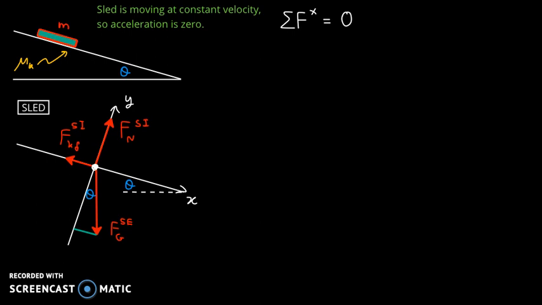F sub g has x component equal to Fg sine theta, and it's positive. And then we have the kinetic friction force in the negative x direction. Because kinetic friction force is purely along the x-axis, we're not doing sine or cosine, we're just putting minus F sub kf. And this is basically it. We set this equal to 0.